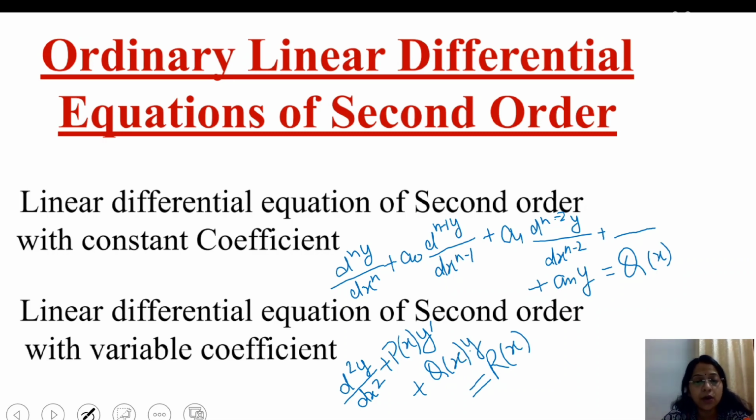So it is one example of a second order linear differential equation.